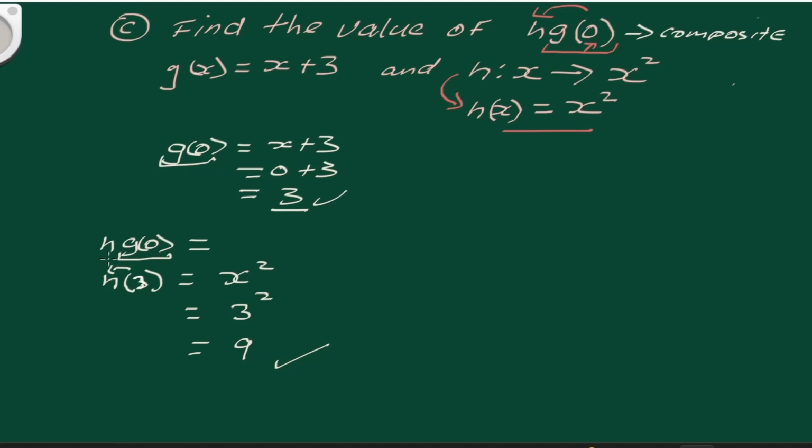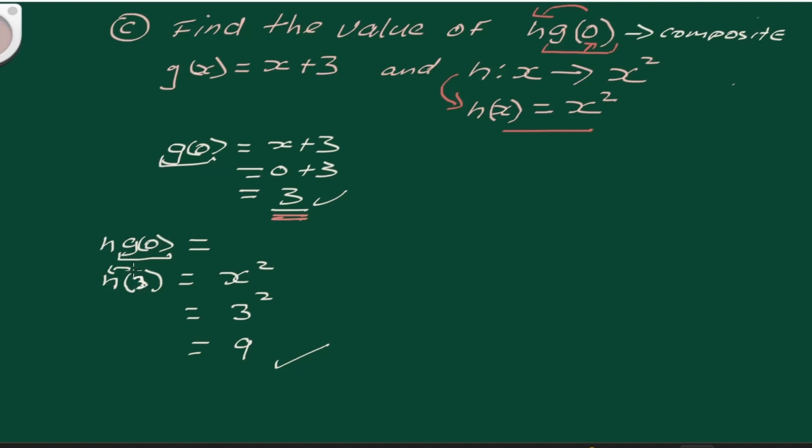We state the original question, which is HG of 0, and since G of 0 is the same as 3, we're going to replace G of 0 with 3.